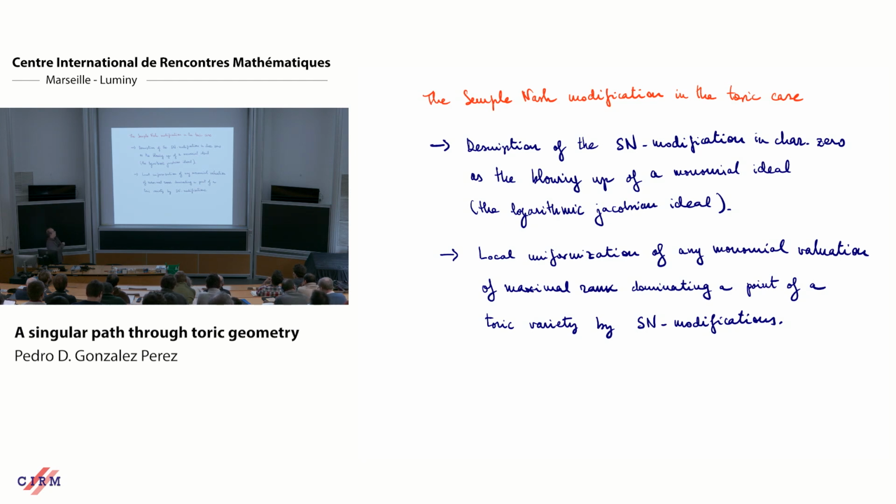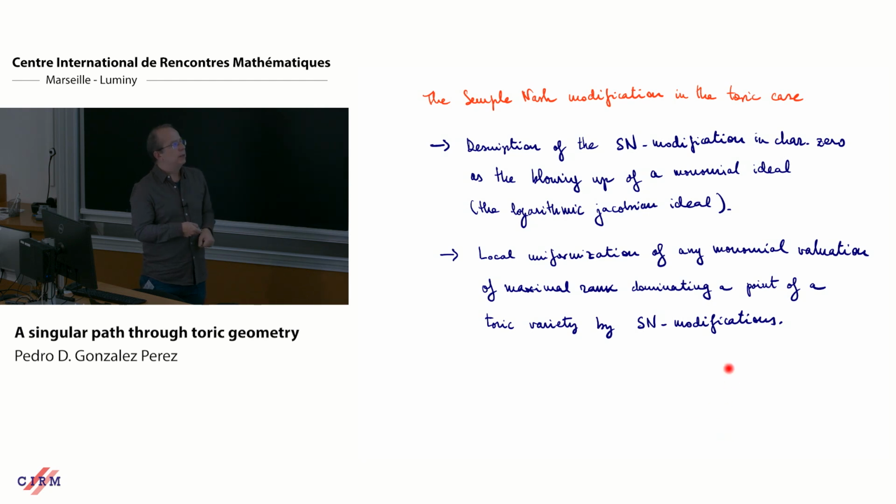And this is a local uniformization problem which tells us that if we follow this Semple-Nash modification, following means that at each moment I choose a chart of the toric variety determined by the valuation, eventually this process stops when I take this class of valuations.